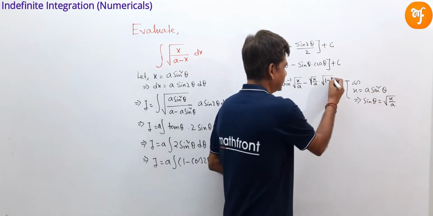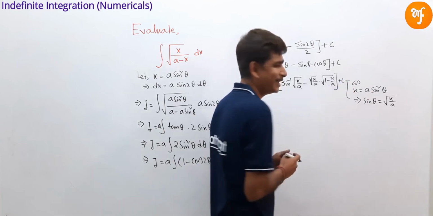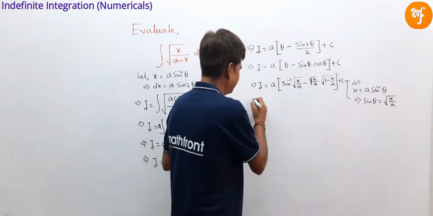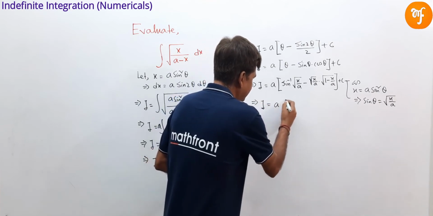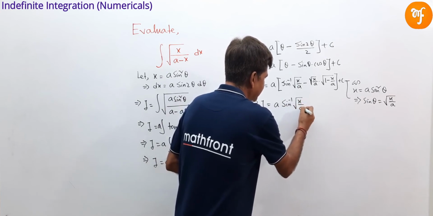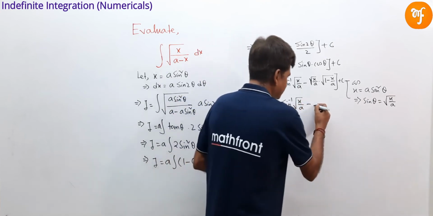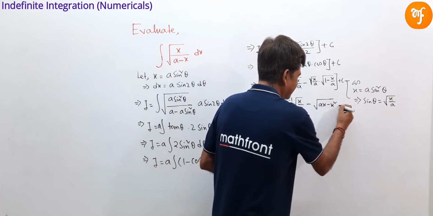So we are writing here x by a plus c. Okay. So we can simplify: I is equal to a into sin inverse of square root of x by a minus square root of ax minus x square plus c.